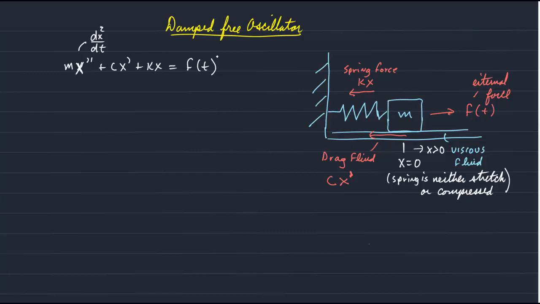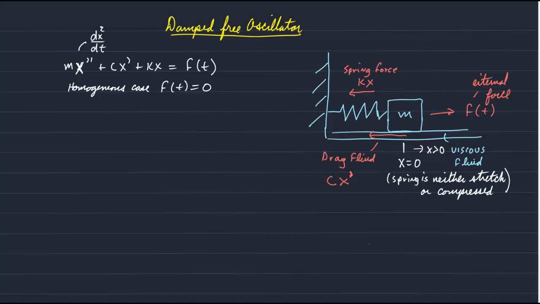And here we're going to consider the homogeneous case. That is, the force, which is in general a function of t, is equal to 0. So nothing is pushing or pulling on the mass except for the spring and the table. There's no external force.